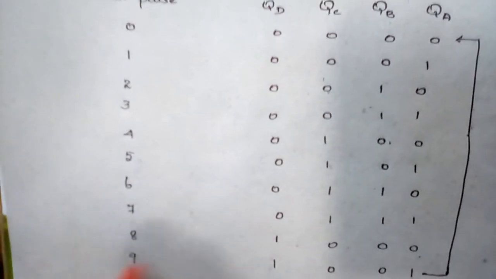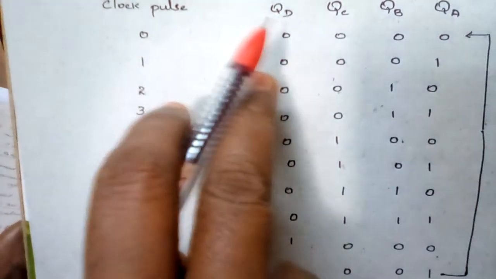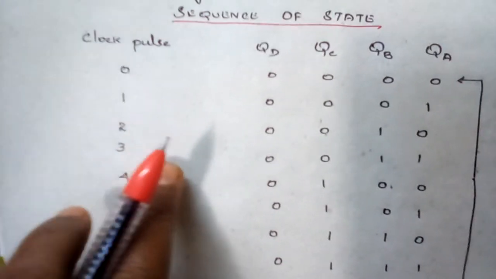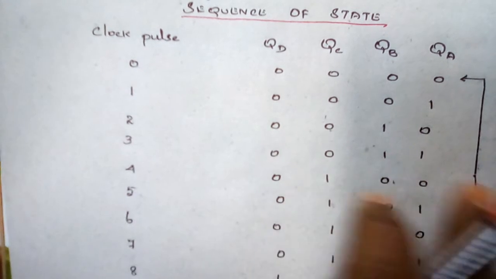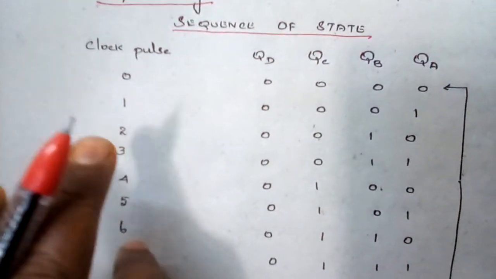At the eighth, there is a change in QD. And once again, after this pulse, the flip-flop resets and starts counting from the initial state, from 0, right?